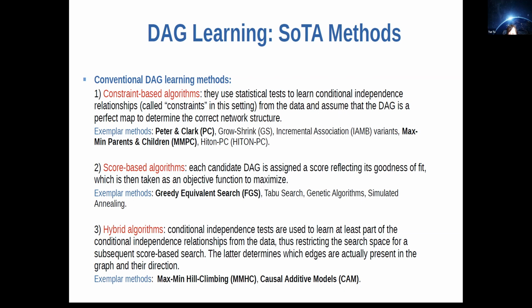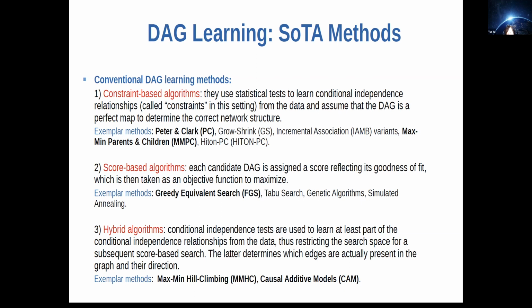The score-based algorithm is slightly different from the constraint-based algorithm. The constraint-based algorithm checks each edge, so it can be seen as a local method. The score-based algorithm tries to learn more of a global structure, relying on the score of the whole graph. Therefore, it has the consistency guarantee.